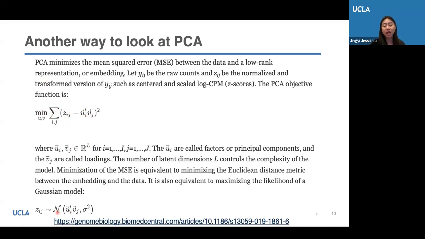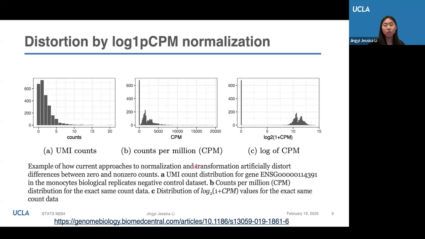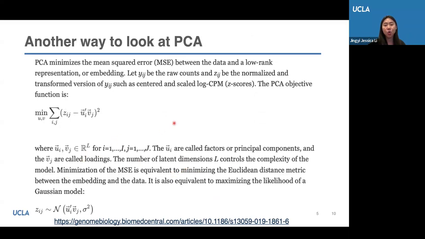So now we want to generalize the idea. Here, Zij is assumed to be normal, but the authors argue that they don't like this transformation. They want to use counts directly. So in this case, they don't want to use the transformed Zij, but the original Yij. But Yij are counts, right? What might be reasonable? So looking at the previous example where normal becomes Poisson, here it makes sense to think, how about Yij follows a Poisson distribution?